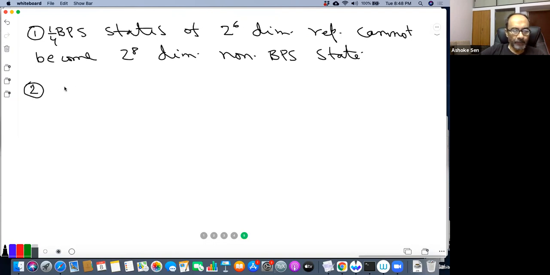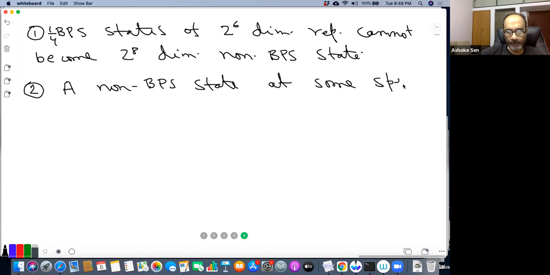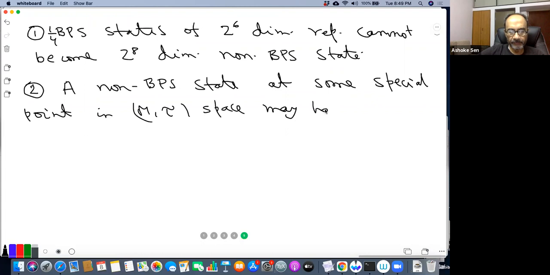And a non-BPS state at some special point in the moduli space, which is M tau space, may have its mass equal to the BPS mass accidentally, but it continues to have 0 B6.